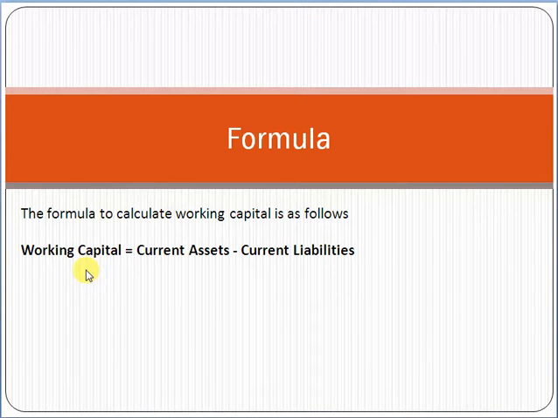Friend, let me give you an example of working capital. For example, you have $5,000 in your bank account, and you have to invest somewhere, so you have to calculate the working capital.